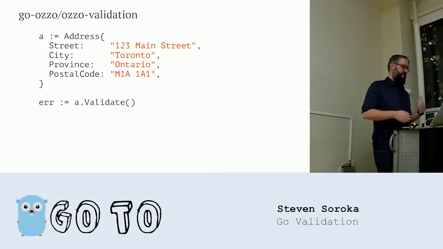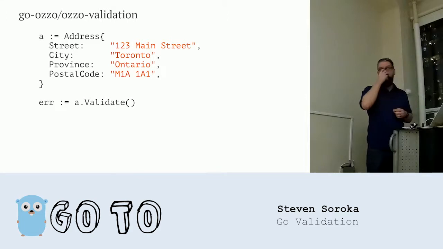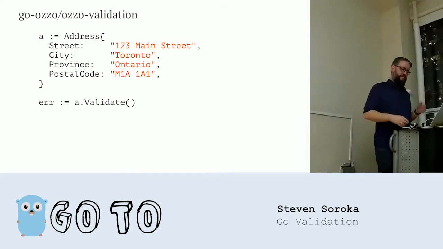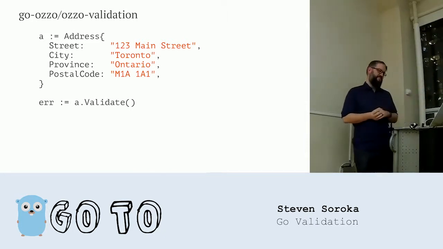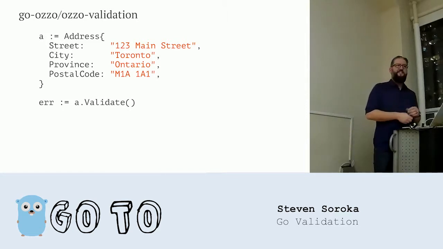And then using it is, again, really simple. You create your address and you ask it to validate itself. It returns errors if there are any validation errors. So I really like this for defining your request contract. You deserialize the request JSON maybe into your request struct, and you ask it if it's valid.